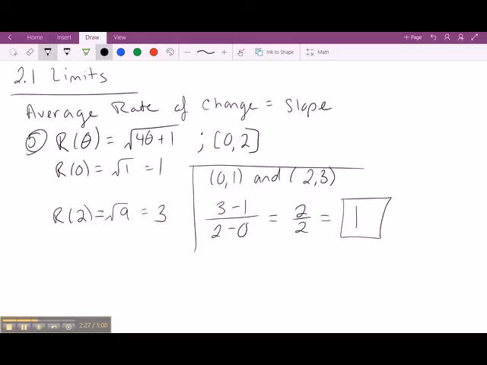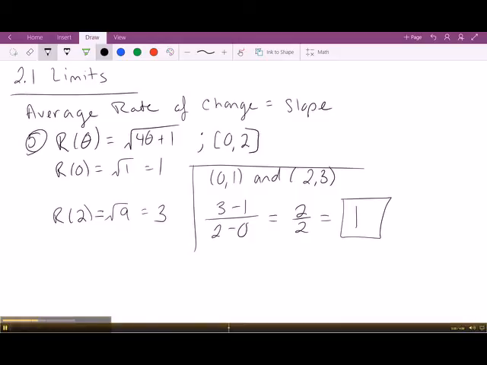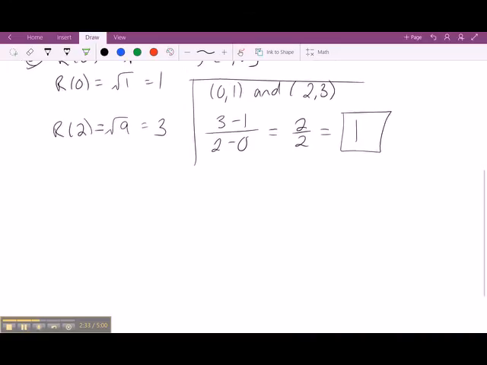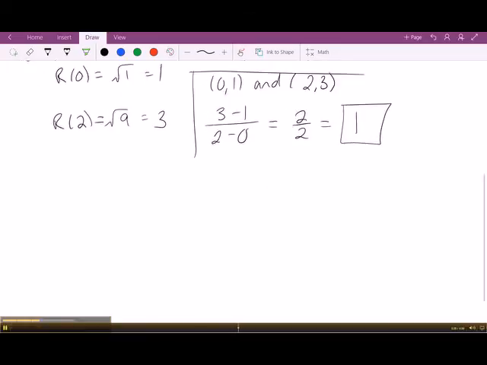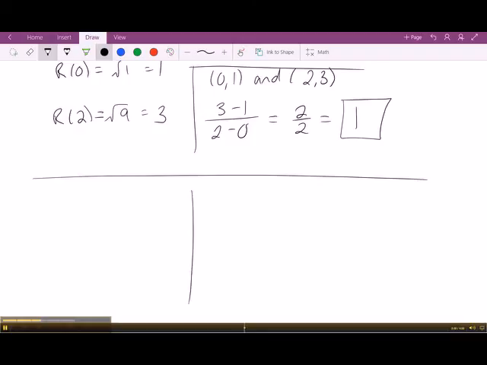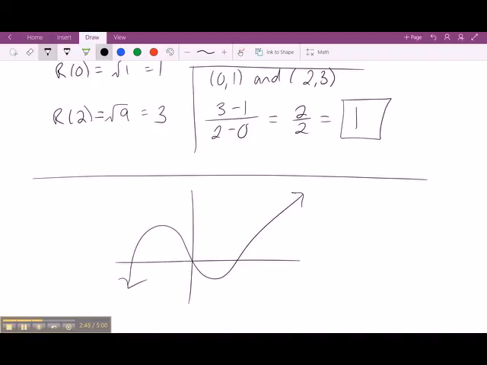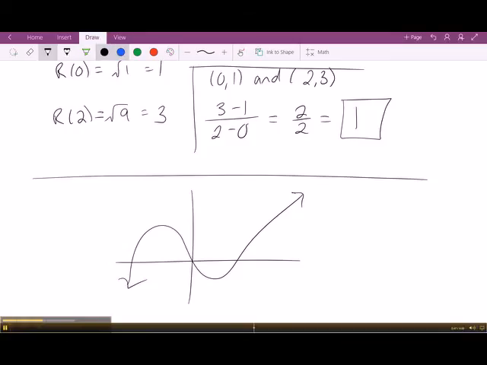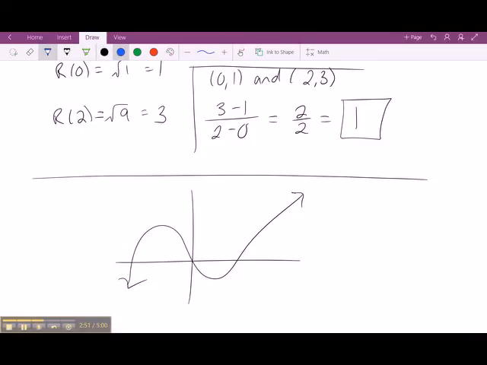Now, one thing I did want to point out is when you have any graph, so let's say that we have just some graph, okay? If we look at the average rate of change between 2 points, basically what we've done is, let's say that we took this point and this point and we found the average rate of change.